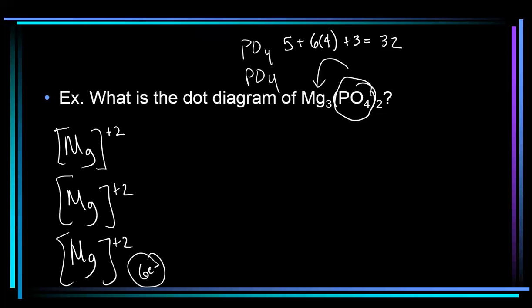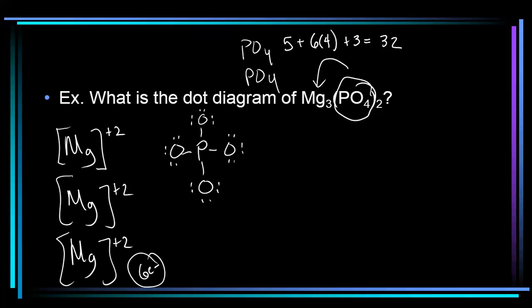Magnesium's already on here. I was double checking if you knew what you were doing. 2, 4, 6, 8, 10, 12, 14, 16, 18, 20, 22, 24, 26, 28, 30, 32. Done. Is everyone happy? Pretty much, yeah.